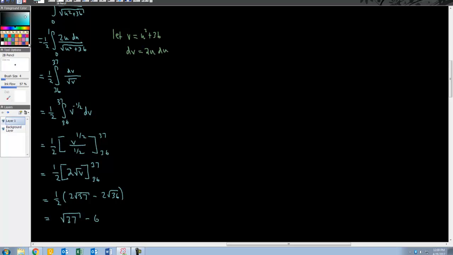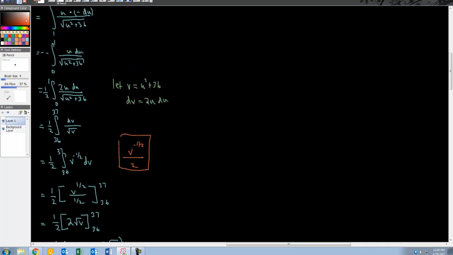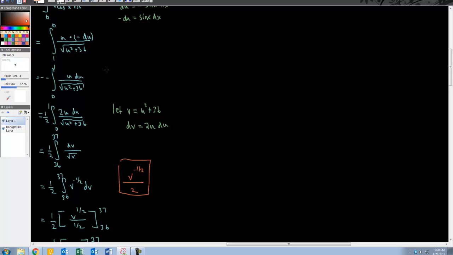So here's what I contend. I contend that if you graph these, you have to bring the constants back in. So if you graph v to the negative 1/2 over 2, and you look from 36 to 37, and if you graph this right here, so bring in the negative, so it's negative u over the square root of u squared plus 36.